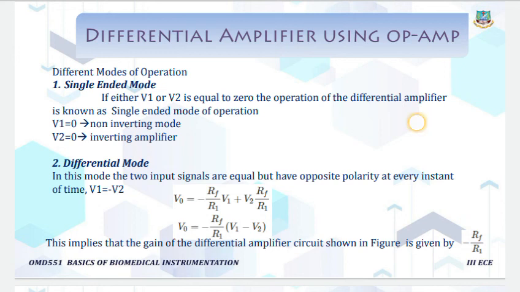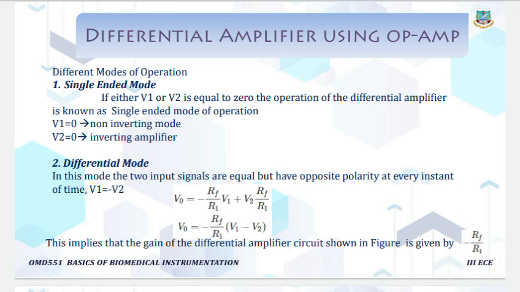So in differential mode, V1 is equal to minus V2. We can represent the output voltage V0 as minus RF by R1 into V1 plus V2 into RF by R1.